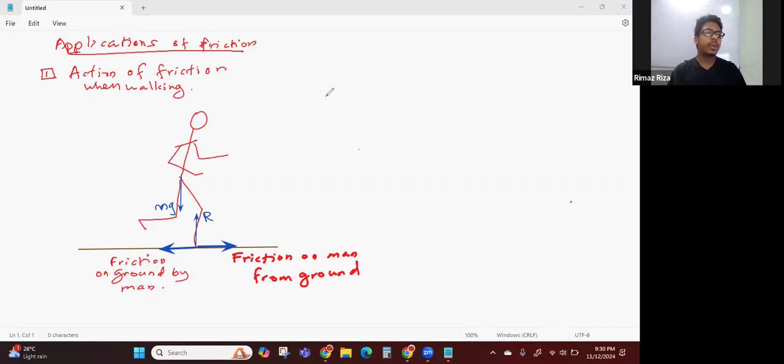And then according to Newton's third law, there will be an equal and opposite reaction force acting on the man by the ground.